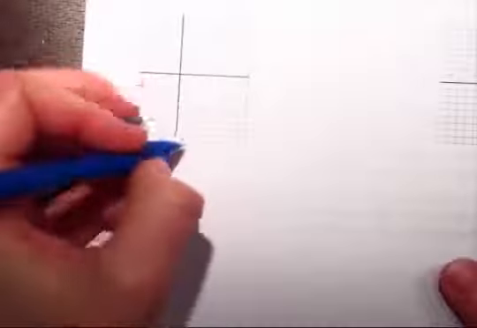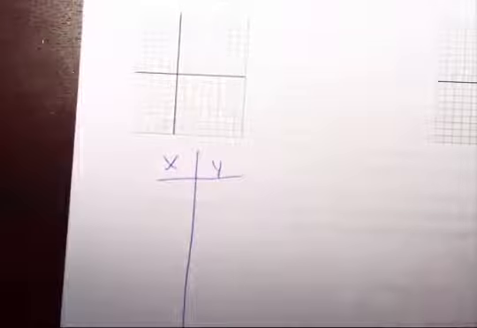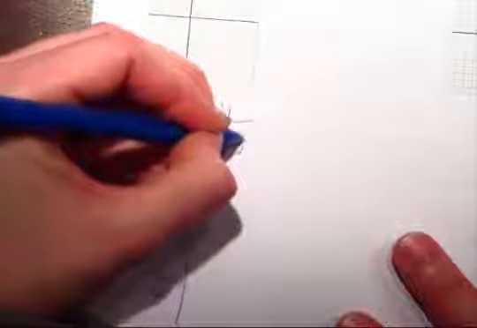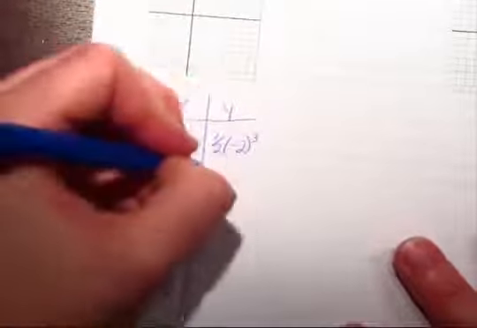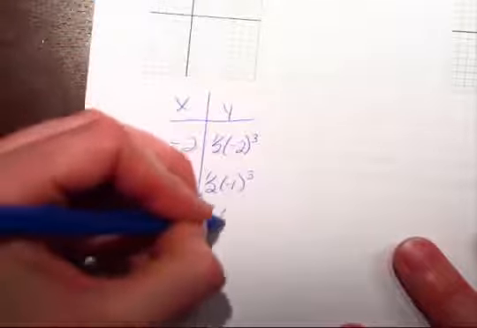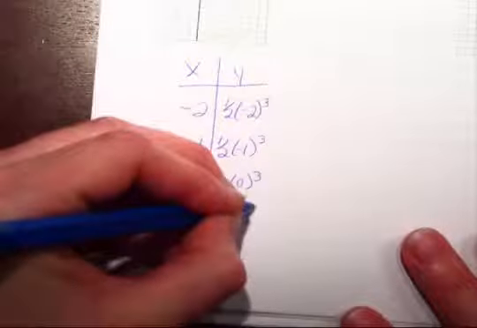Let's make an XY chart when it comes to graphing these things. Let's go ahead and just pick some basic numbers, -2, -1, 0, 1, and 2. And let's plug those numbers in. 1/2 times -2 to the third power. 1/2 times -1 to the third power. 1/2 times 0 to the third power. 1/2 times 1 to the third power.